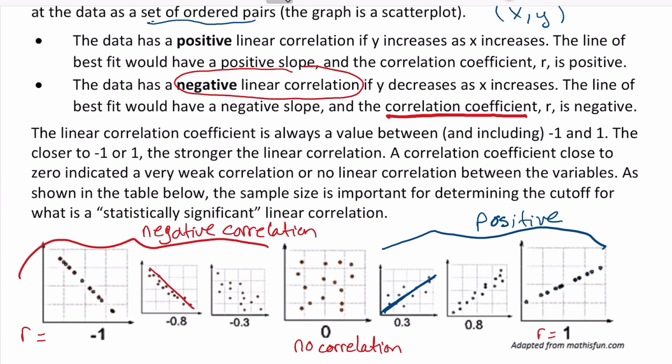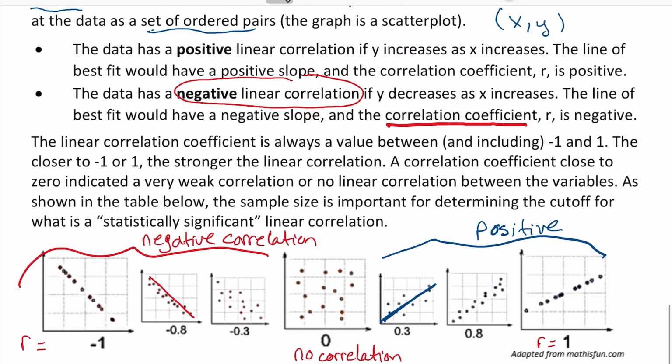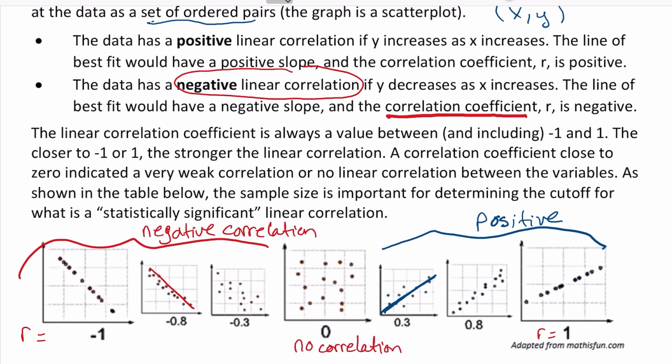If it's closer to negative 1, it would be a straight set of points lined up with a negative slope. Our hypothesis test later will tell us if we're close enough to 1 or negative 1 that we have a significant correlation.